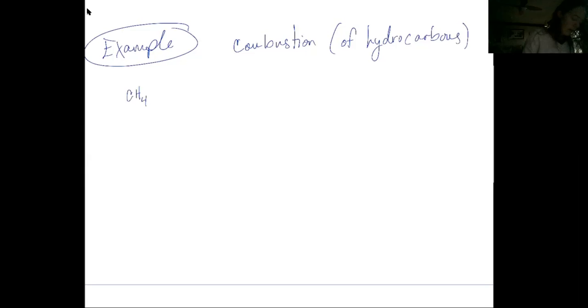A compound that has C's and H's, or a compound that has C's, H's, and O's. When it combusts, what does it react with? You should know this. Plus O2. Okay, so when you see combustion, you know that oxygen is a reactant.